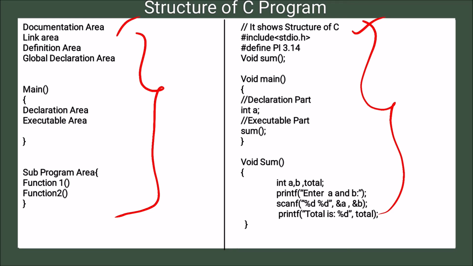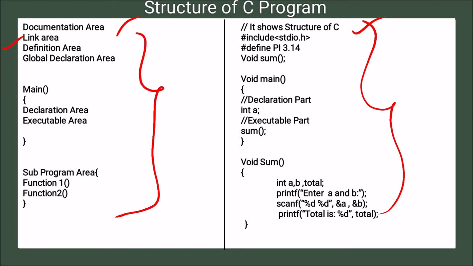Second one is the link area. Why is it called the link area? Because we include header files in this section, or we define global variables in this section. Here we can see we include the stdio.h header file, plus #define PI 3.40.